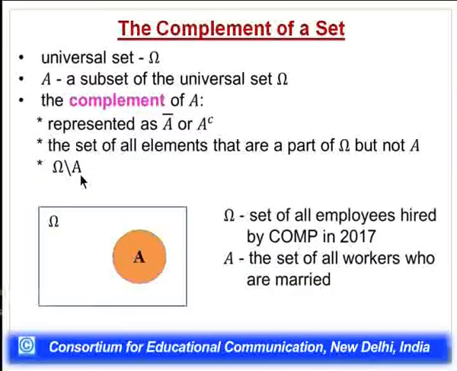And mathematically, the complement of A is nothing but omega minus A. And in terms of the Venn diagram, where A was our set of all workers who are married, A complement would be everything outside this orange circle, but within the rectangle which represents our universe, represented by omega.